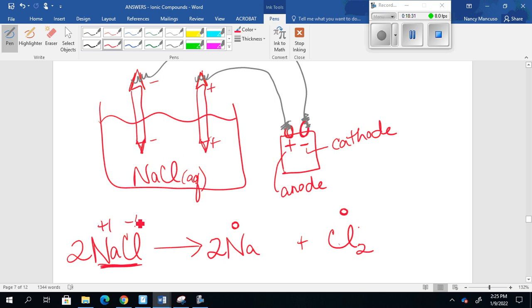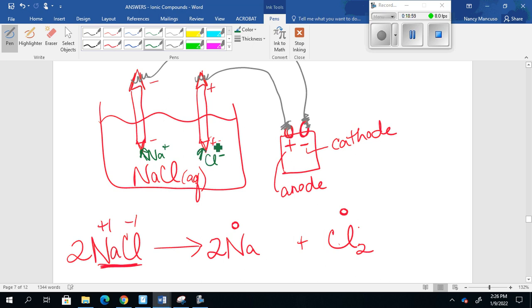So those Na+1s are going to be attracted to the cathode. Why would they be attracted to the anode? The anode's positive. I want to attract them right here to this minus. So I'm going to write Na+ is going to go right to this end. And then Cl- is going to be attracted right here to this end.